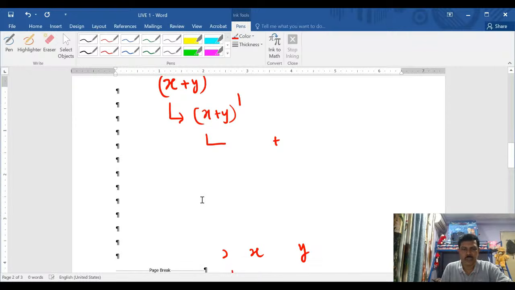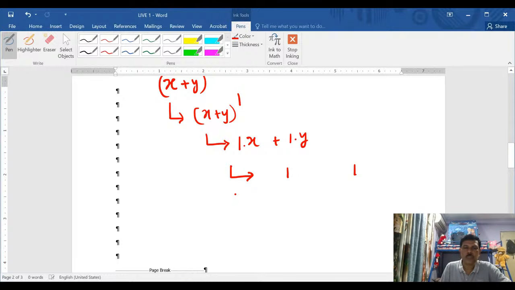Let me write it again. So this is x and y, and from this we have the coefficient of x is 1, coefficient of y is 1, and that means we can write 1 and 1.